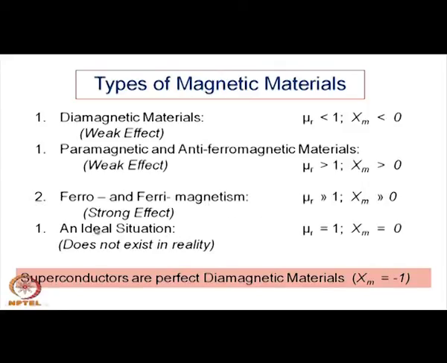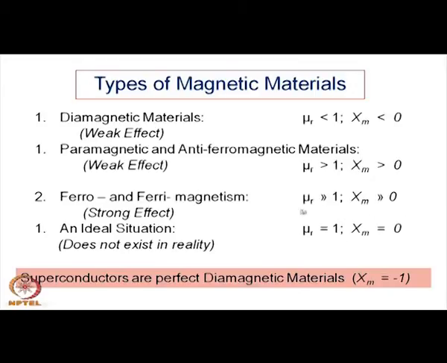Now, ideally there may be one more group, because here we see it is less than 1, less than 0, these are all more than 1, more than 0, and this is much more than this value. So, ideally there should be a situation somewhere in between, that means mu r is exactly 1 and chi m is exactly 0.